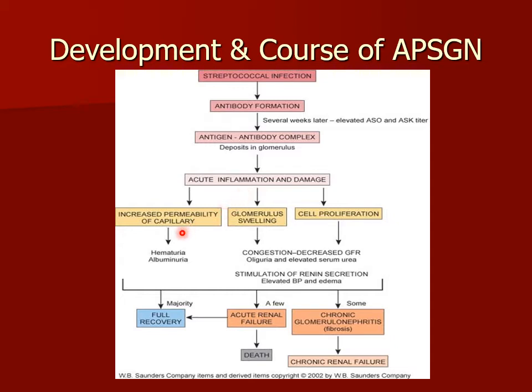And the increased permeability of the capillaries causes hematuria and albuminuria because these substances leak out from the capillaries.